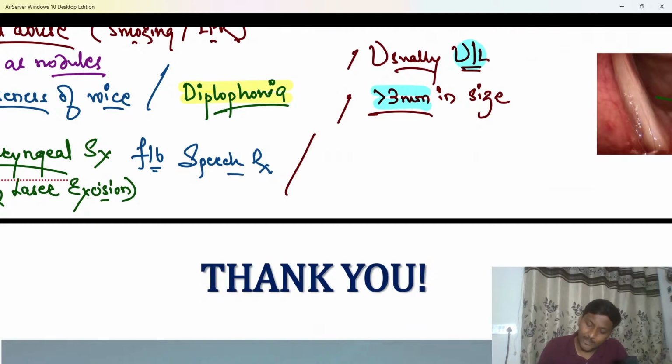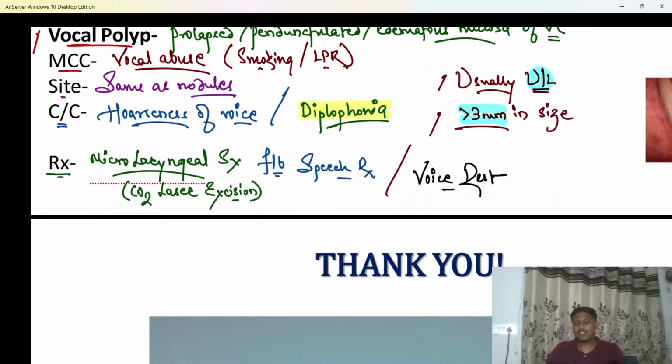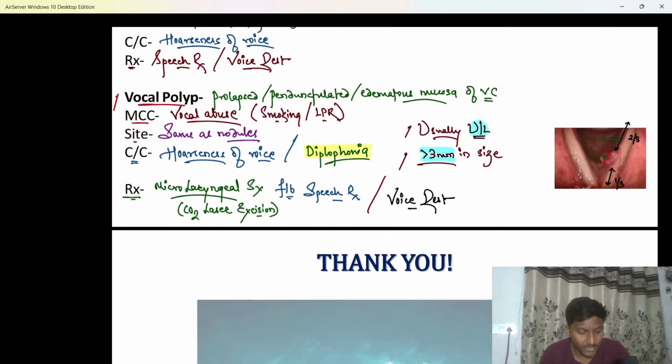No, if he keeps on using his voice beta, okay, too much like he was using earlier, polyp will again develop, right? That's the reason one important advice that should be given to this patient also is vocal rest or voice rest beta. Okay, so microlaryngeal surgery is primary management done with the help of CO2 laser excision, followed by speech therapy along with voice rest should be recommended beta.